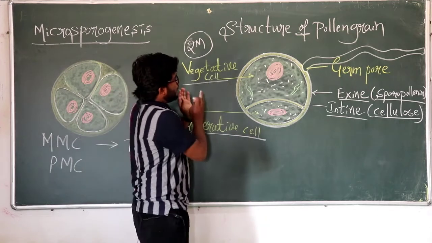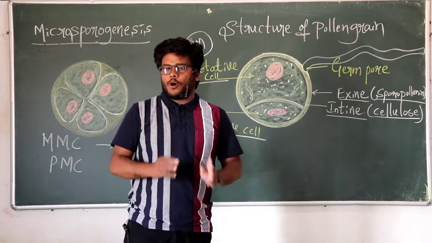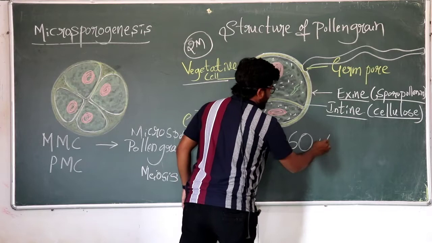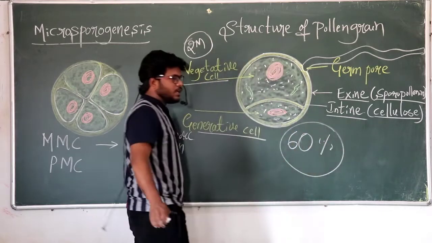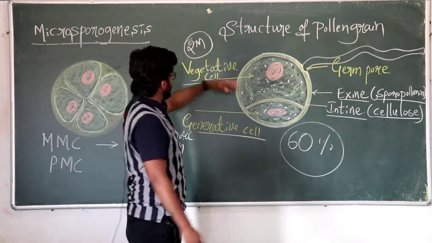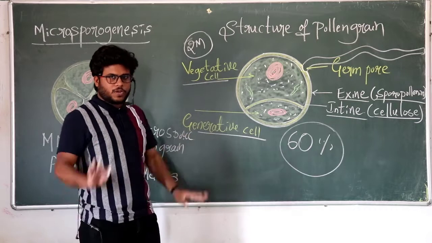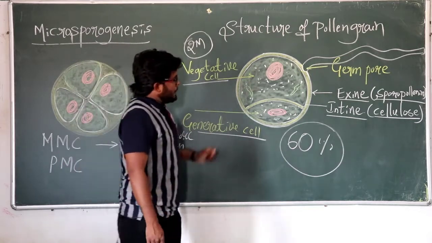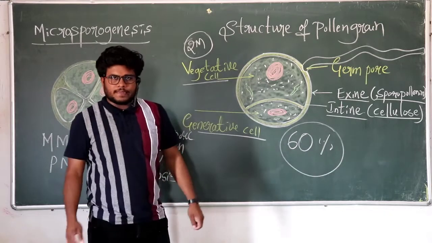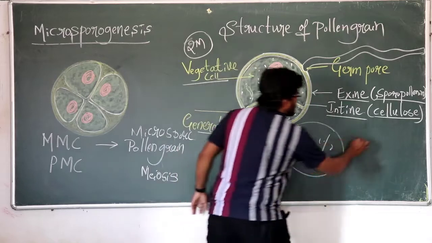Okay, most angiospermic pollen grains, around 60%, are shed at the two-celled stage, that is, one vegetative cell and one generative cell. Okay, understood? But only about 40% of pollen grains are shed at the three-celled stage.